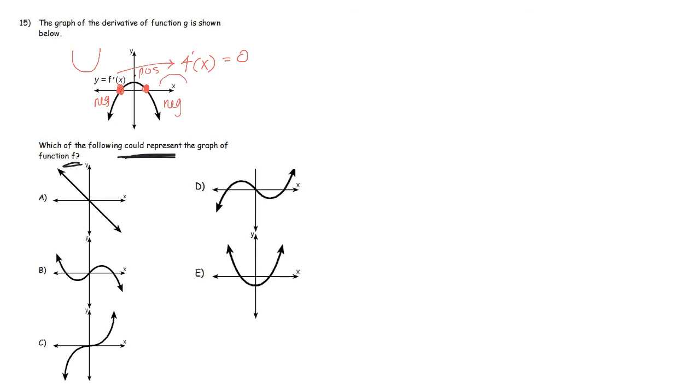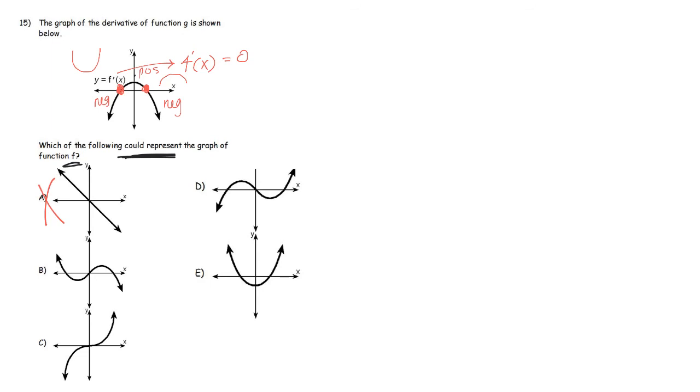So I've got to have something like that. Let's see, do I have any of those functions that might have something like that? Well, answer choice A doesn't. Answer choice A is linear. This was the derivative of g, so I don't think the original would have had to be a cubic of some sort. So it can't be A.